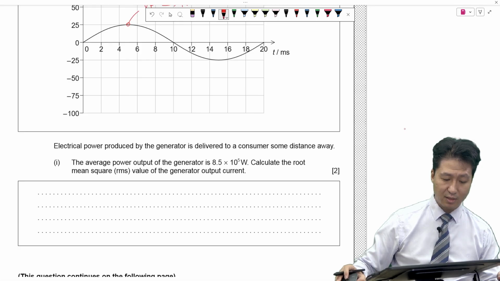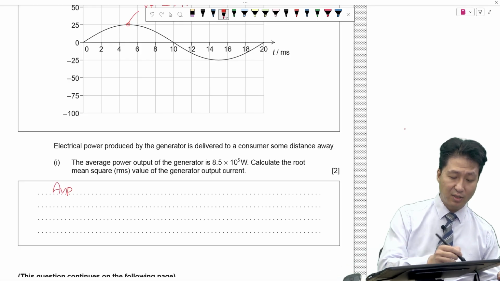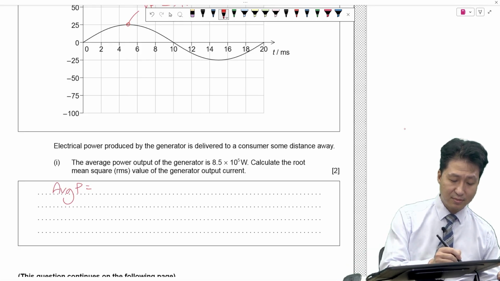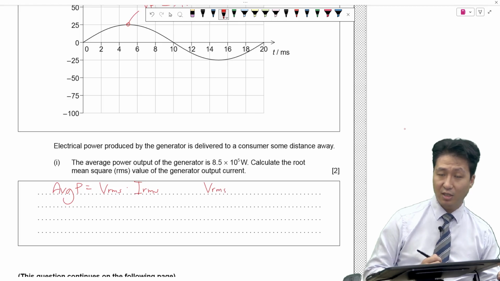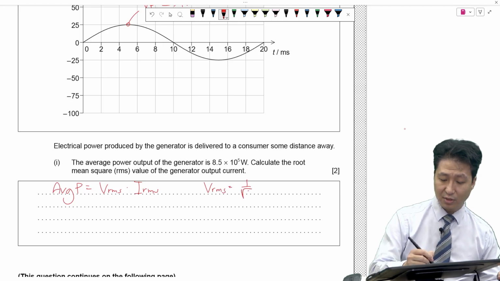And now that we know that, we know that the average power is equal to the RMS voltage times the RMS current. And the RMS voltage is equal to 1 over the square root of 2 of the peak voltage.